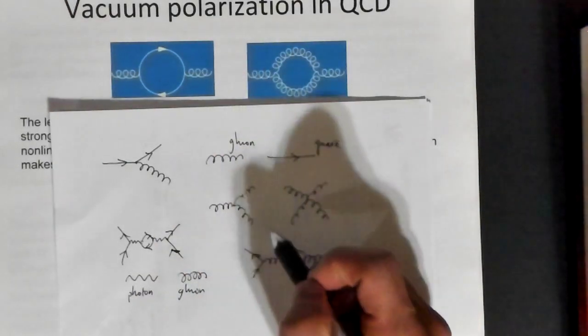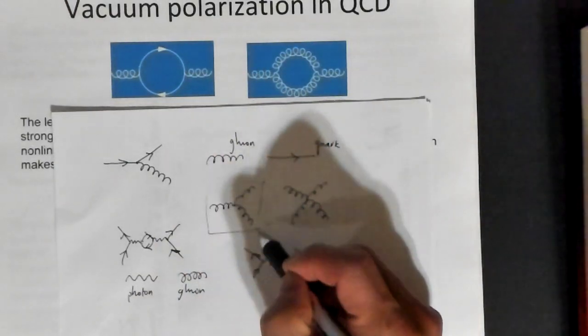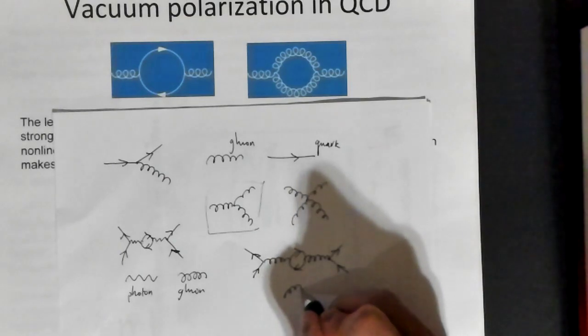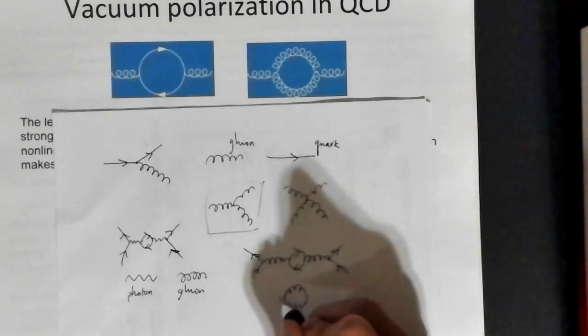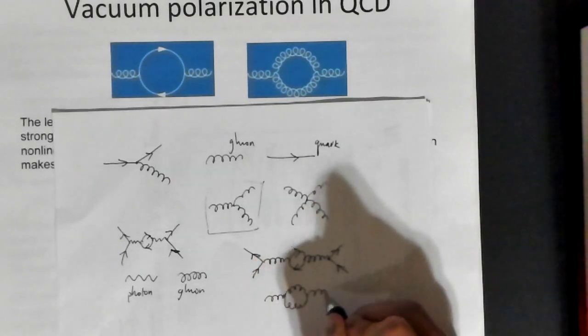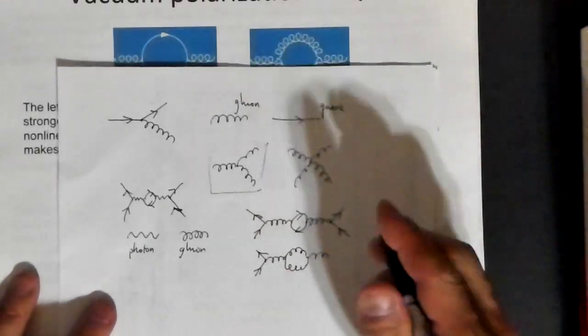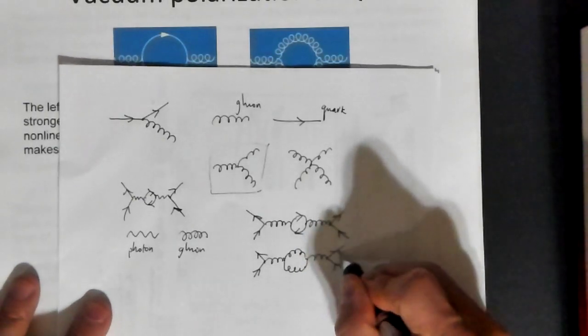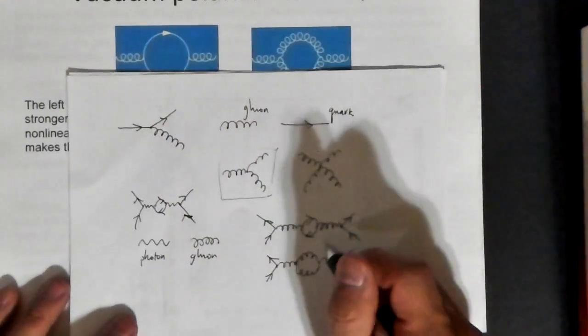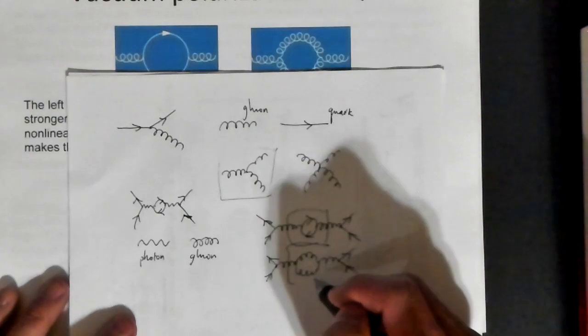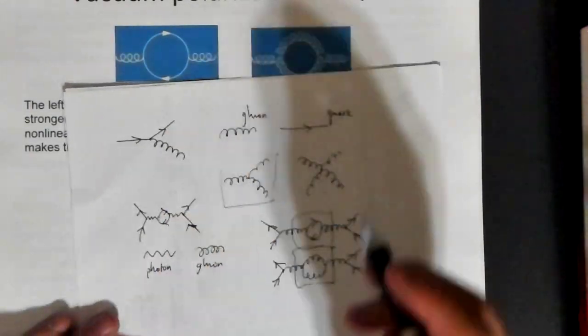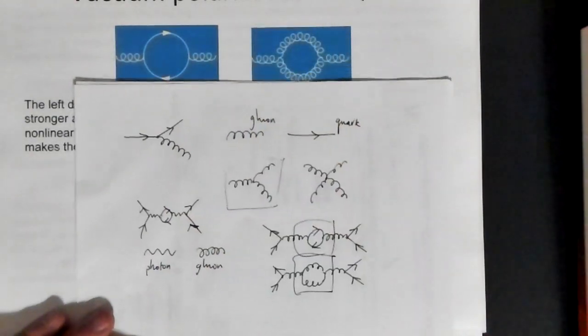However, in the case of the gluon, we can also have a loop that involves gluons. So there's also this diagram. And this diagram has a very different character to it. In some sense, it has an opposite sign to it compared to the quark loop diagram.